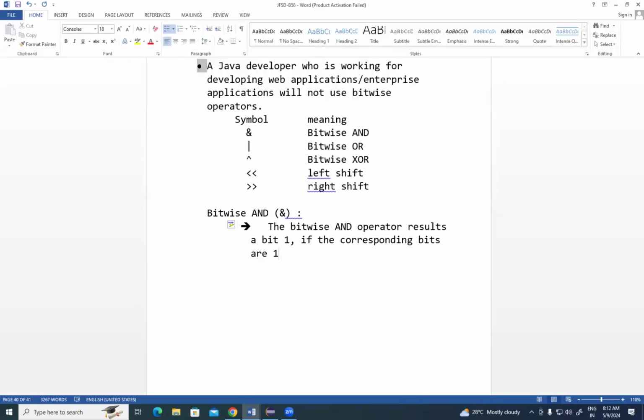The corresponding bits are 1. Otherwise, the result will be 0. You got the definition? The bitwise AND operator results a bit 1 if the corresponding bits are 1. Otherwise, the result will be 0. That's what we got so far.